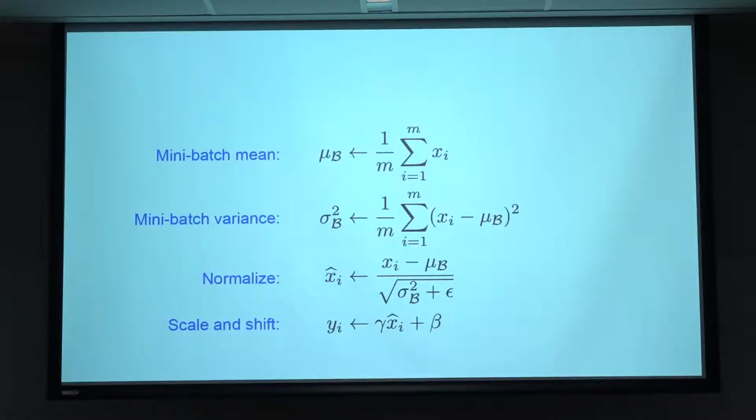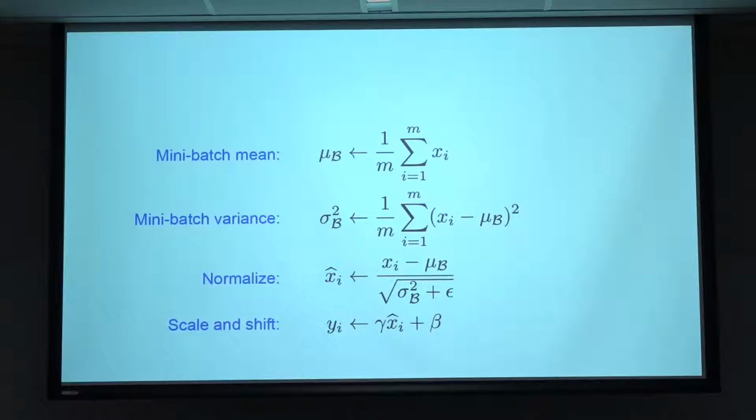I multiply this by a constant, gamma here. So the variance would be gamma squared, right? And I add beta to this, then the mean will be beta, right? So rescale the data, but treat this gamma and beta as new parameters of the model.